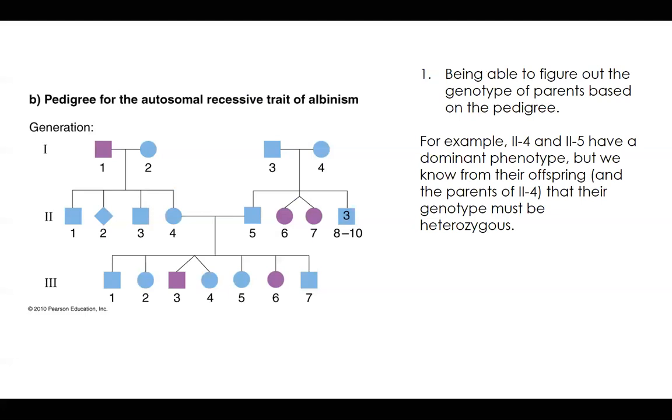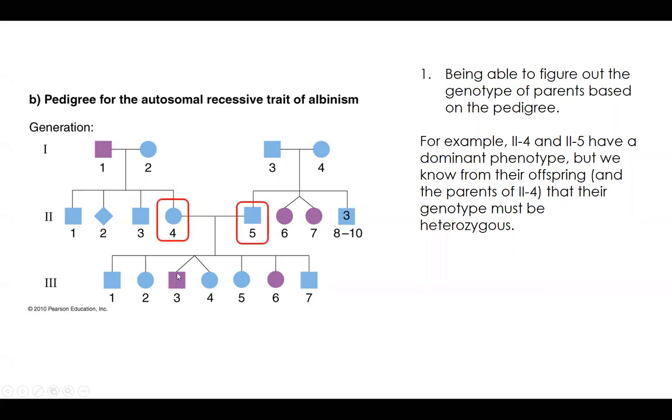So let's use individuals 2-4 and 2-5. Okay, they have a dominant phenotype, but you can figure out that they both have recessive alleles, so they're heterozygous, both of them, because otherwise you wouldn't be able to have homozygous recessive offspring.